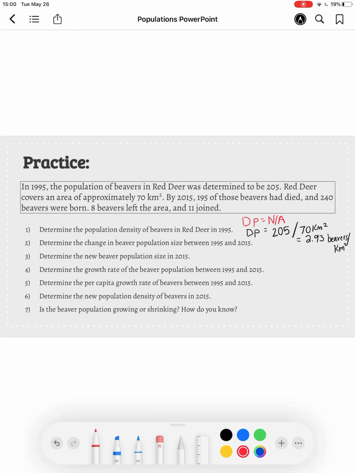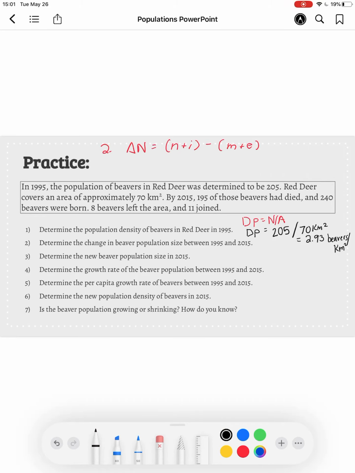For number 2, I feel like I don't have enough room here. I'll write number 2 at the top. We're figuring out the population change. So the formula for that is delta N is equal to the natalities plus the immigrants minus the mortalities plus the emigrants.